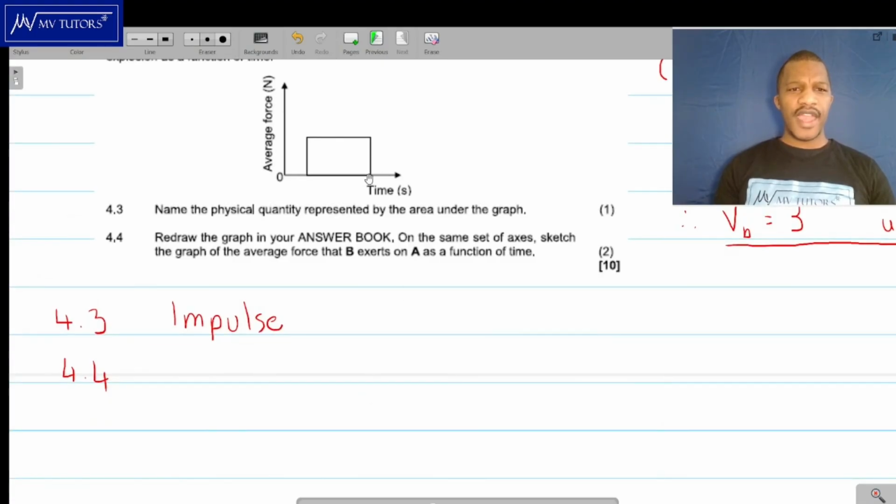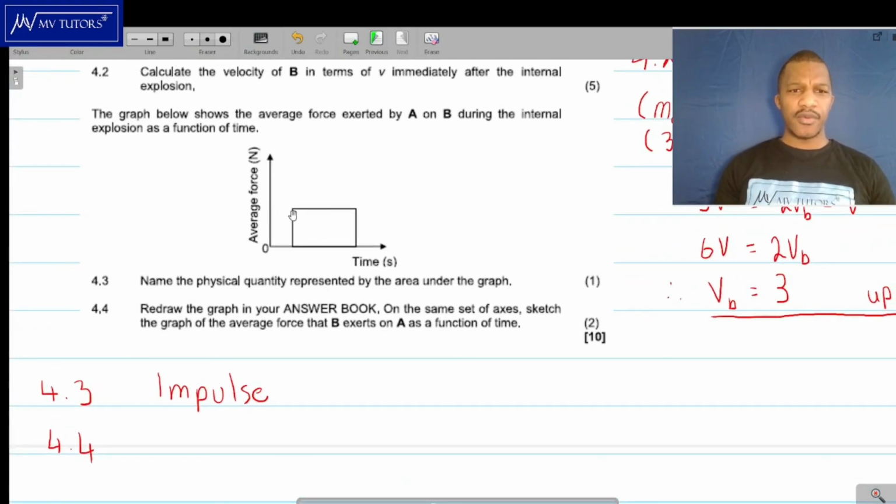Okay, so if A exerts a force on B and we get this graph, what's the opposite of that? Remember Newton's laws? Which law is the one that says if body A exerts a force on body B, body B exerts the same but opposite force on body A? What law is that? Do you have an idea? Well, if you do, drop it down in the comment section.